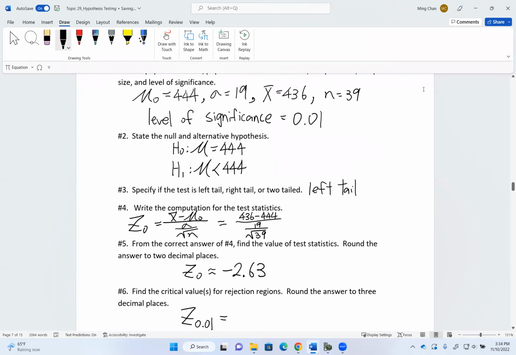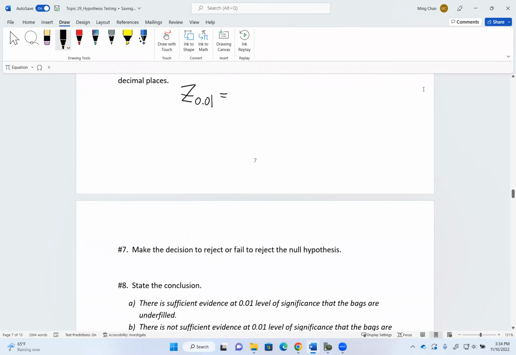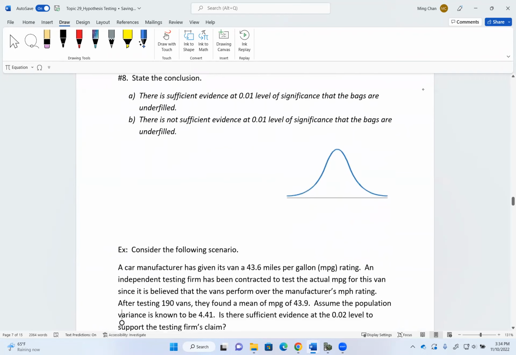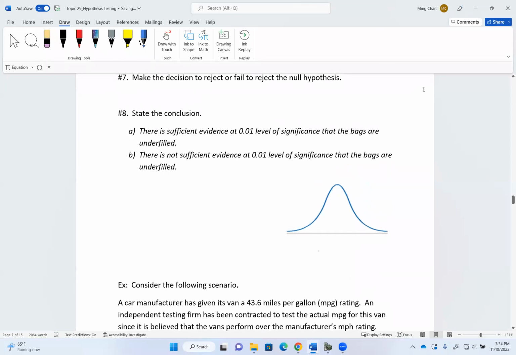So right now we're doing a left tail test. This is my negative Z sub alpha, and this is the rejection region right here.